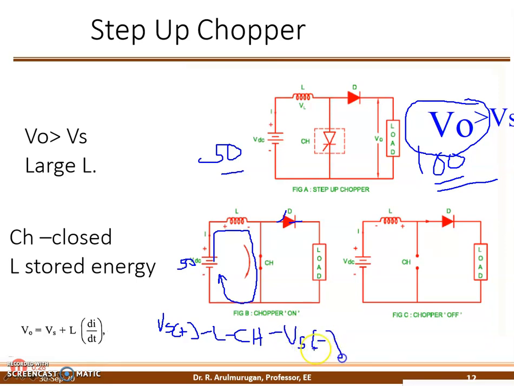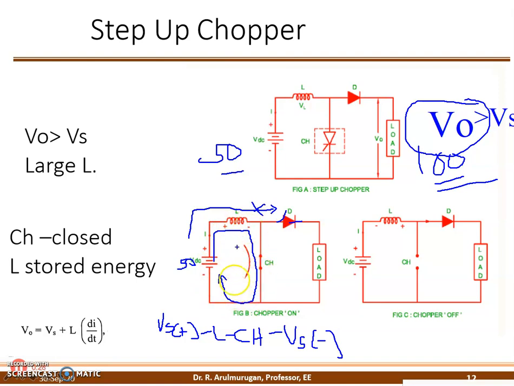During the mode 1 condition, does the source flow to the load? No. Why not? Because the diode is open. Only this loop is closed.